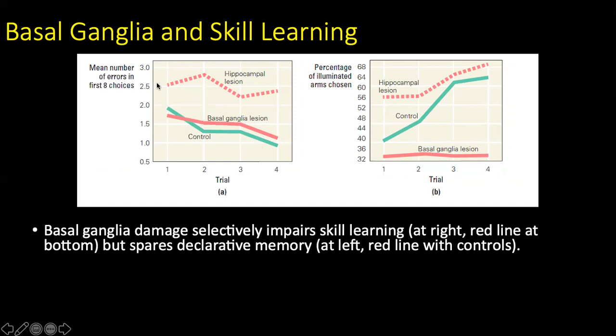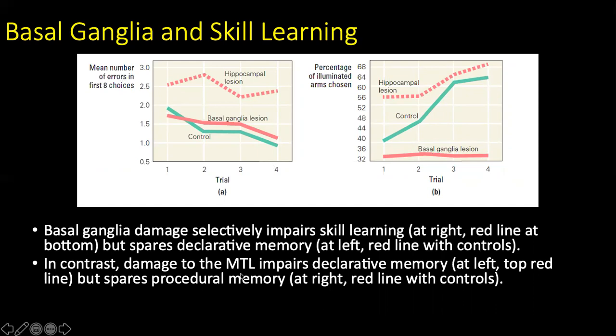But if we look on the left, now we have the declarative method of learning. In this case, the basal ganglia lesion looks the same as control. They're still able to learn and create that kind of mental map and time map of where that food is. And again, showing this nice double dissociation, if we look at the rodents that had their medial temporal lobe damaged, they're really bad at learning that declarative skill.